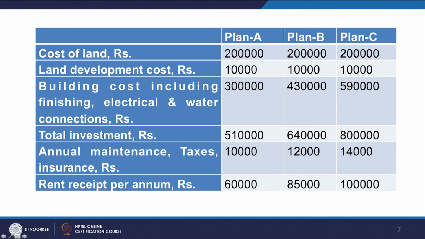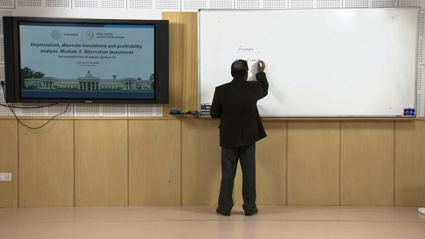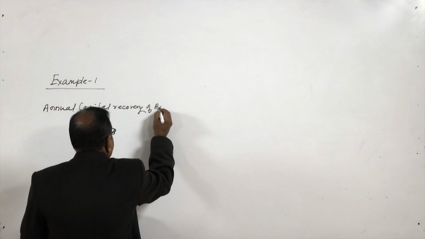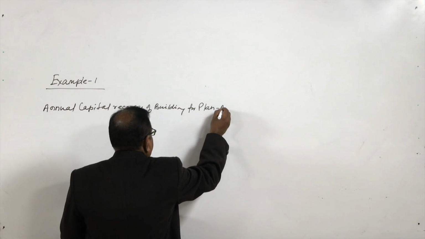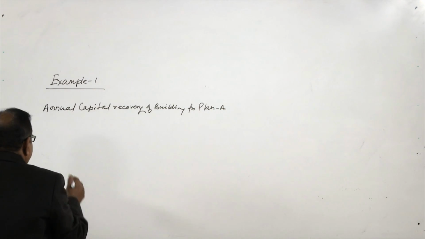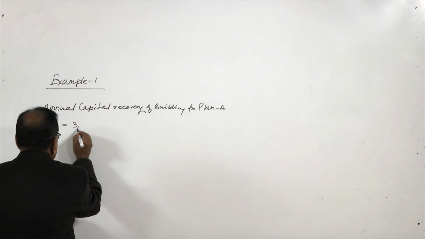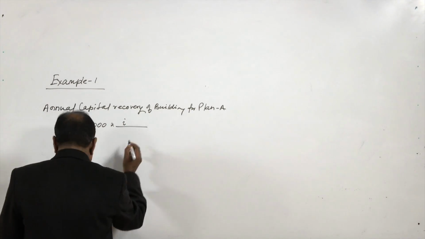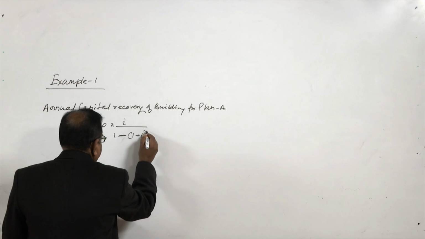Now, we see the table which gives the details of these plans. So, let us calculate the annual capital recovery of building for plan A. This will be 3 lakh into I divided by 1 minus (1 plus I) to the power minus 60.